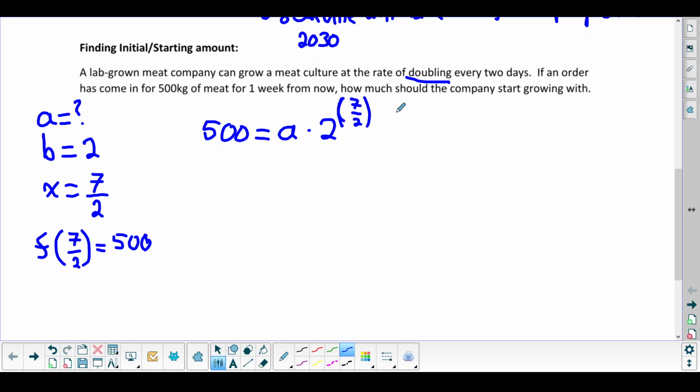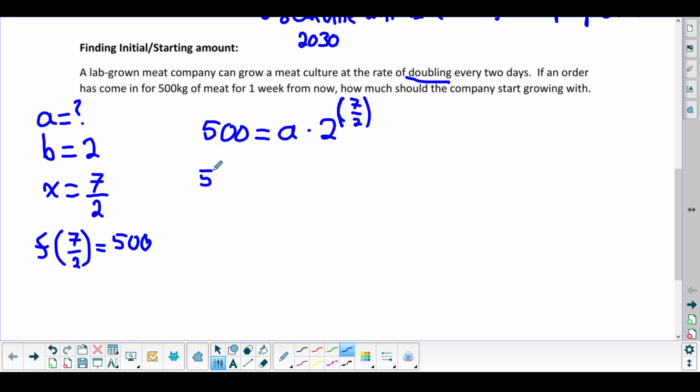So how are we going to rearrange this to solve for a? Well, we're going to need to divide, because we're multiplying right here. We're going to need to divide over this 2 to the power of 7/2. Now, we could try to do that all at once on our calculator. We can also just rewrite this as a decimal. We just need enough decimal places to keep a decent amount of accuracy. So 2 to the power of, open bracket, 7 divided by 2, close bracket.